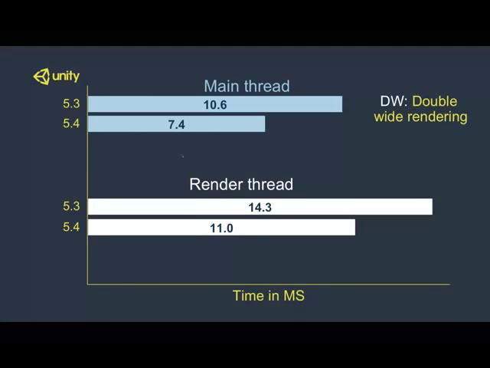So, double wide rendering is something where we are now testing out rendering both eyes on the same render target, and we have a custom shader. We're making use of extensions to do that, and the shaders are essentially sending off the left and right eye separately, but with a single draw call.